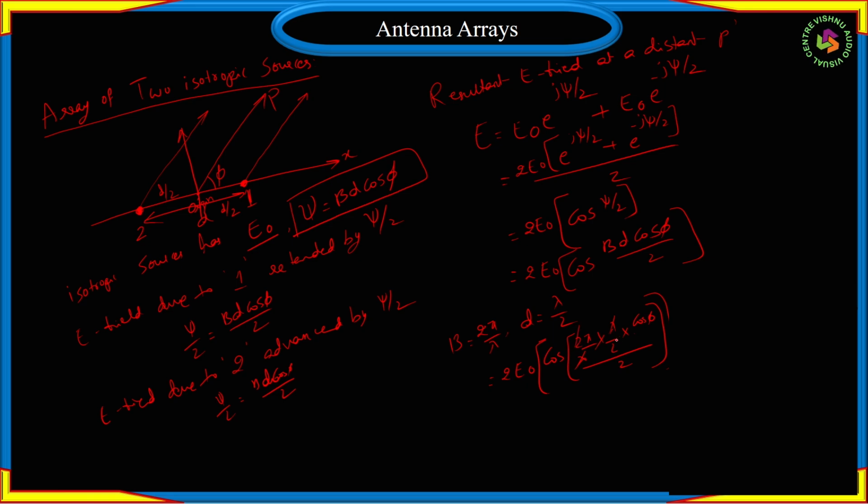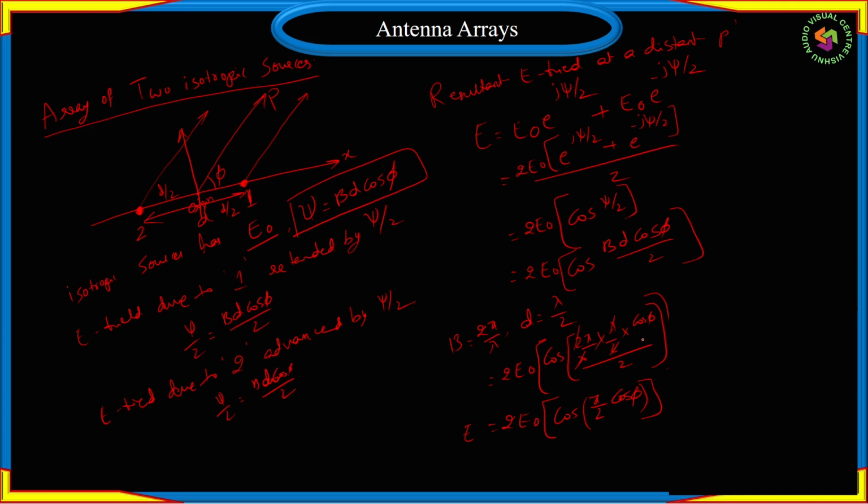Lambda gets cancelled, 2 gets cancelled, so you will get 2 E0 cos((π/2) cos φ). This is your resultant electric field equation. Okay now, 2π/λ and λ/2 get cancelled.